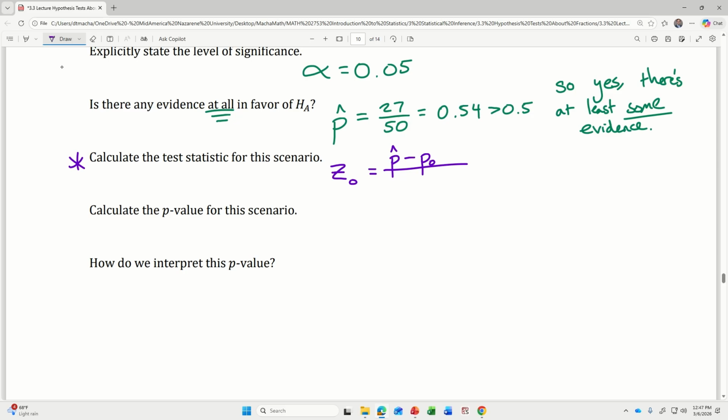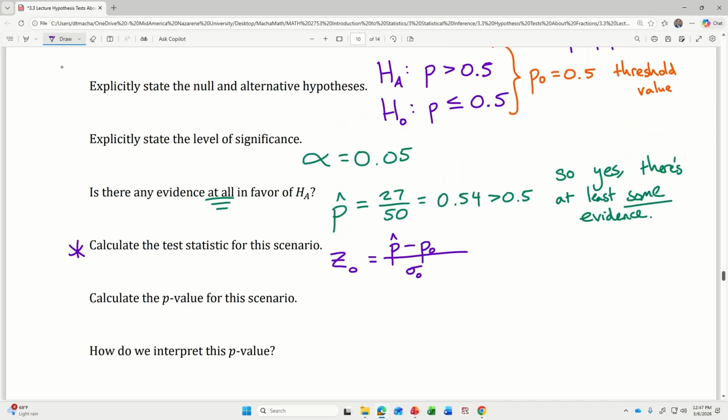And my standard deviation is going to be given by the formula square root of p times 1 minus p divided by n.